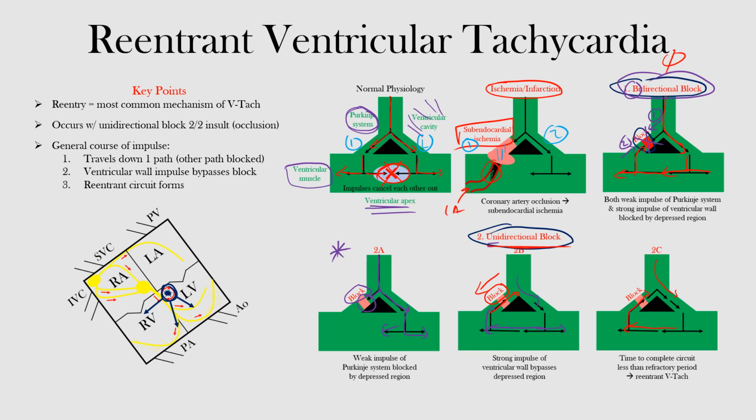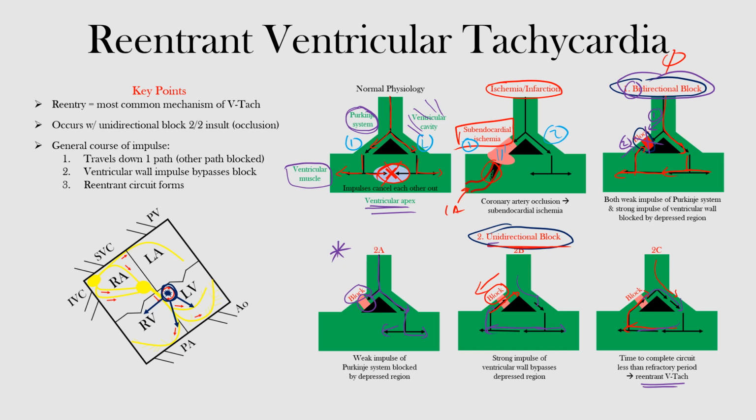And what you see here is this is going to start cycling around if the time to complete that circuit is less than the refractory period. That's what we call reentrant ventricular tachycardia. So again, it was only during this unidirectional block that allowed retrograde conduction and the potential for the reentry circuit to form. This was not the case with the bidirectional block.